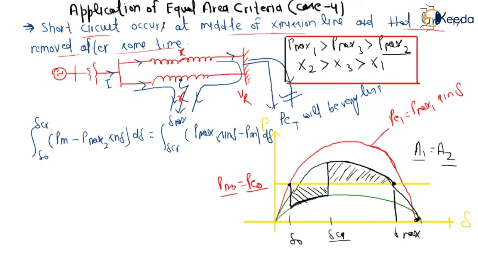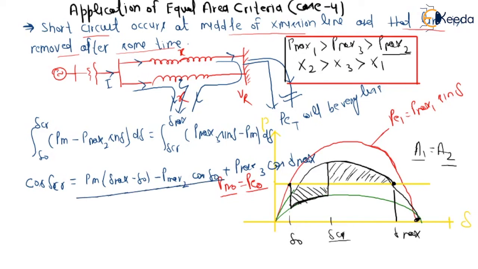Or if you want to remember a formula, because the calculation is very difficult, cos delta Cr is equal to Pm times (delta max minus delta naught), minus P max 2 cos delta naught plus P max 3 cos delta max, upon (P max 3 minus P max 2).